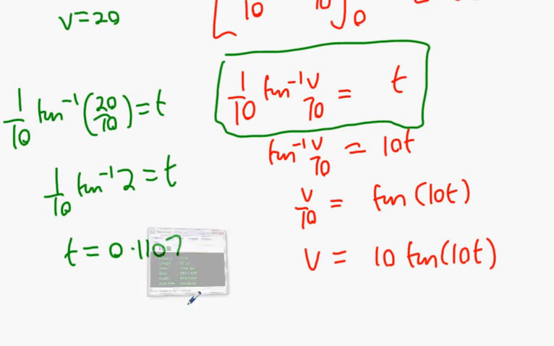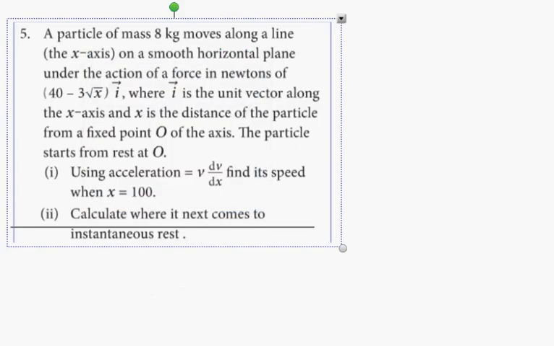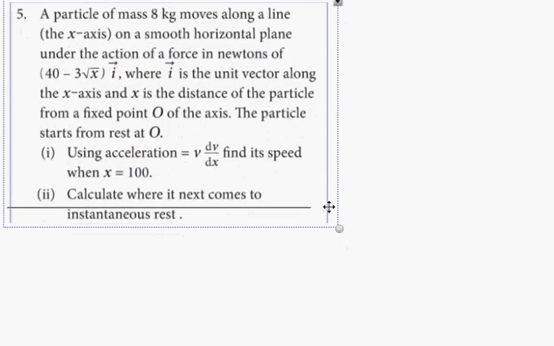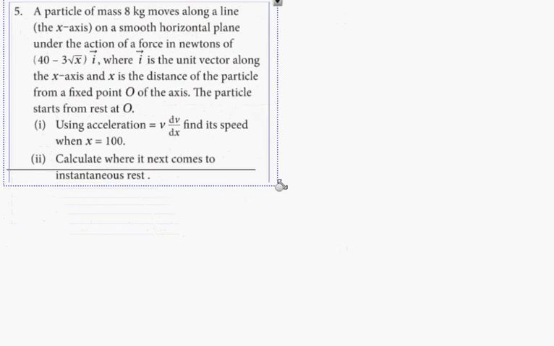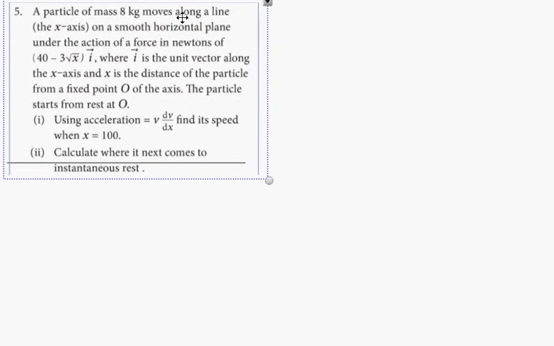Any questions? So, a particle of mass 8 kilograms moves along a line, the x-axis, on a smooth horizontal plane under the action of a force of (40 minus 3 root x) i newtons, where i is the unit vector along the x-axis, and x is the distance of the particle from a fixed point O of the axis.